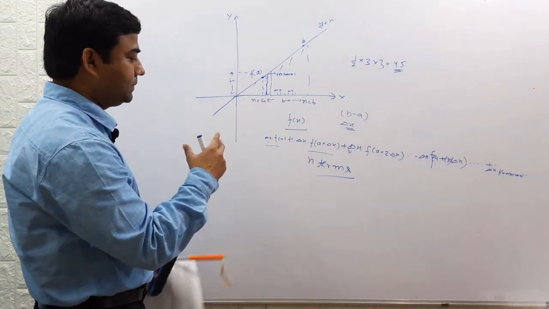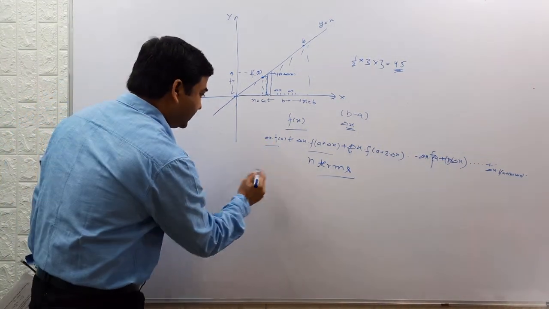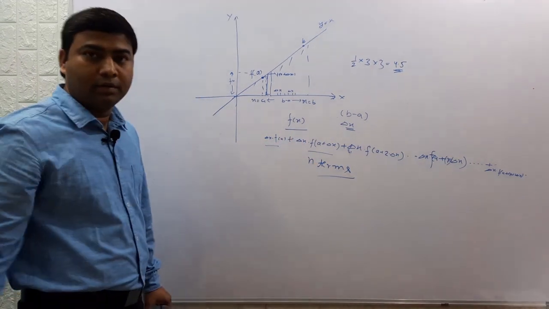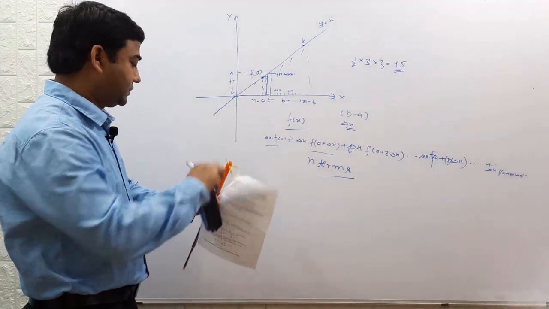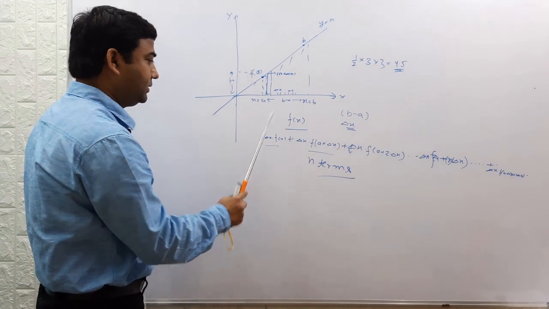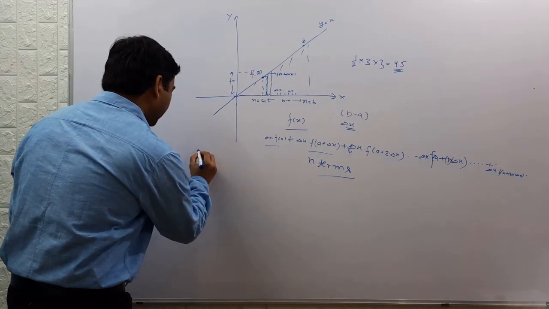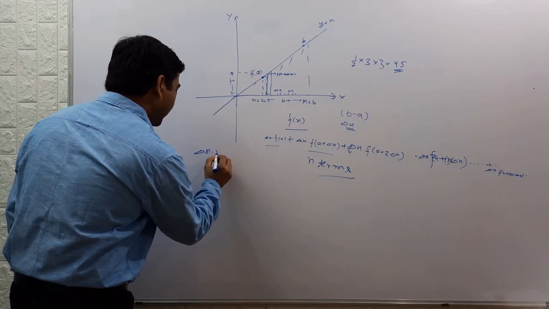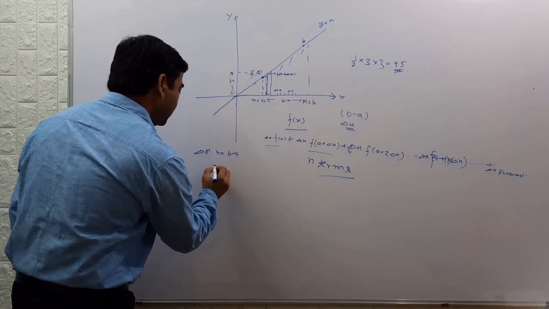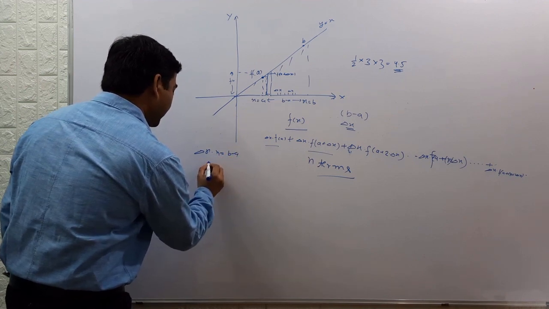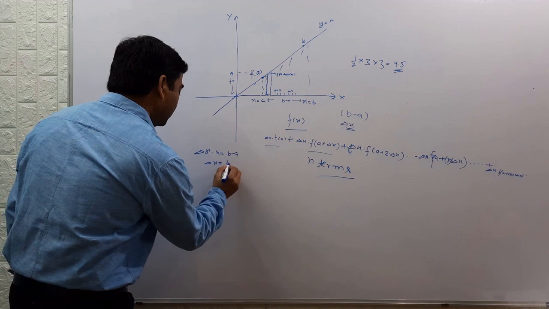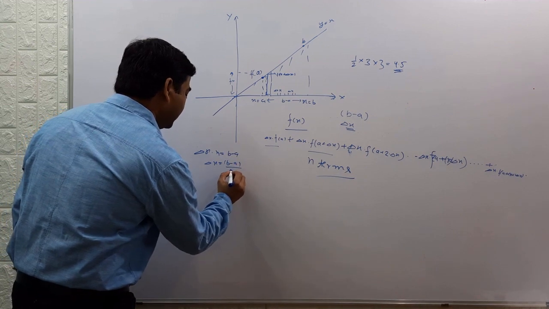Now here you see, as we increase the number of terms n, delta x into n is equal to b minus a. So you can say delta x is equal to (b minus a) divided by n.